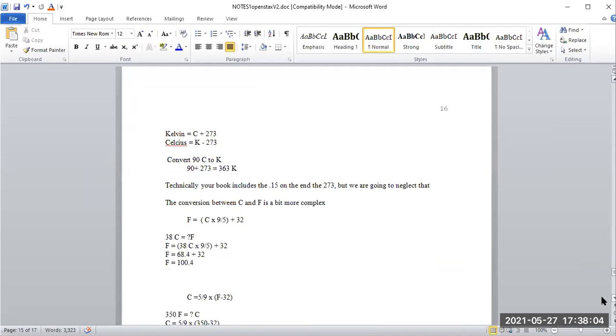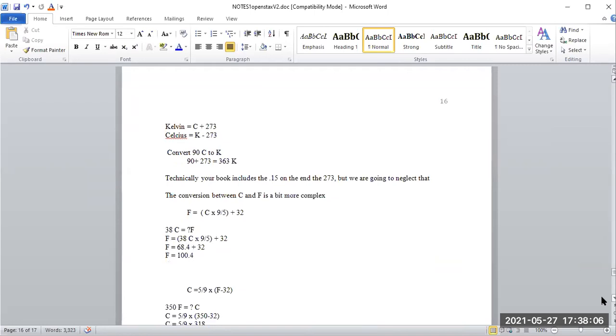Going back and forth between Celsius and Fahrenheit is messier. I use the fraction-based equation. If you experienced it in a high school class, in another class that uses the 1.8 value, it's not going to give you different answers. It's just a different version of the same equation.